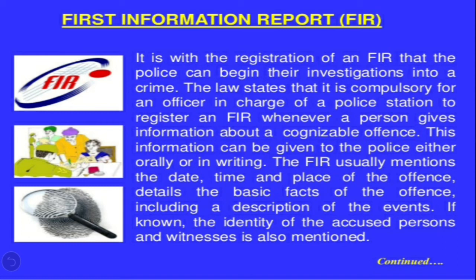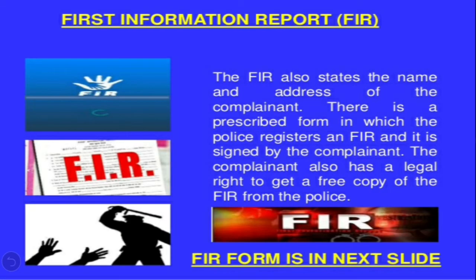The FIR usually mentions the date, time and place of the offense, details the basic facts of the offense, including a description of the events. That is, everything should be mentioned, each and everything about the crime, the date, the time, the place, the description of the event, while filing an FIR.